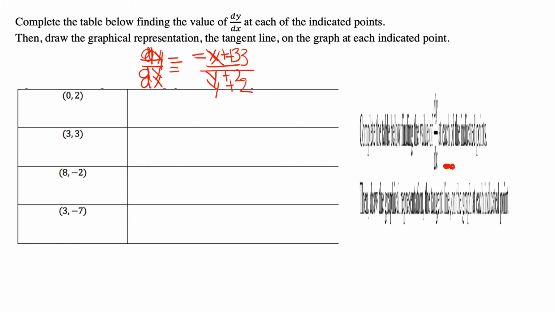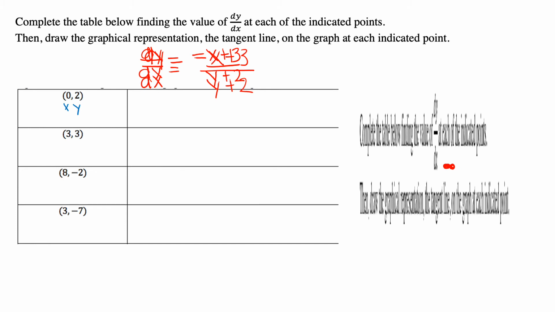We want to use that to complete the table below, finding the value of dy/dx at each of these indicated points, and then we're going to draw that graphical representation, the tangent line, on the graph. So if we're starting at (0, 2), we have an x and a y. Notice our dy/dx now has both an x and a y in it. Before, we would only really need our x value. Now we need our y value too.